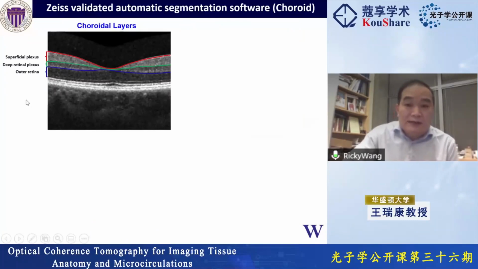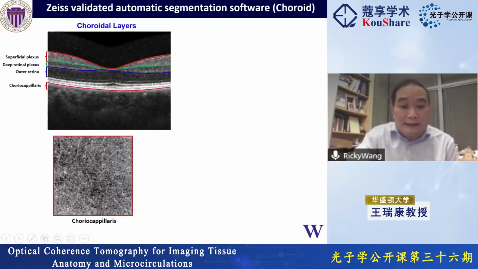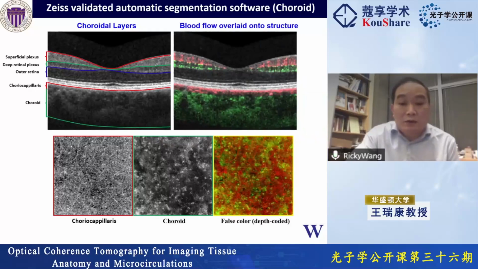Over this part, you can segment this part into 2 different layers. One is the capillaries, and the second layer is the deep choroidal layer. And you can also look at the color image overlay. In the choroidal layer, this part, the choriocapillaris, is most important because it provides about 75% of nutrition to the photoreceptors over here and enables the vision.